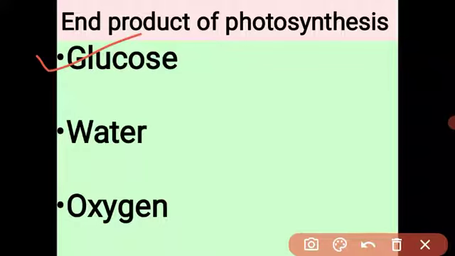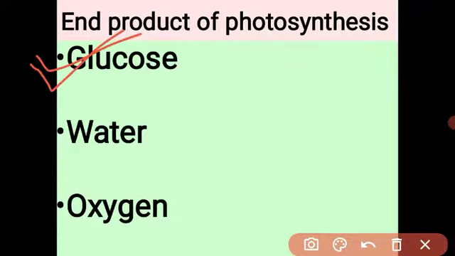You know, student, this glucose is immediately consumed by the plant cell, because the plant is also a living thing. It also requires energy. So it is consumed by the plant cell. Remaining glucose is stored as insoluble starch, which we will consume. It is converted into sucrose and is also used for synthesis of fat and protein.